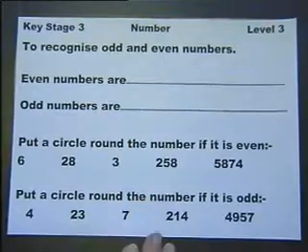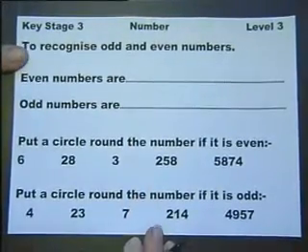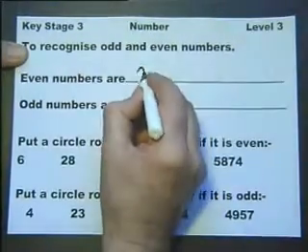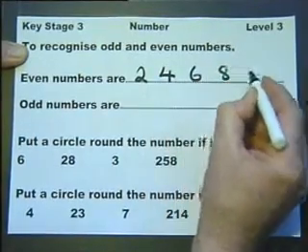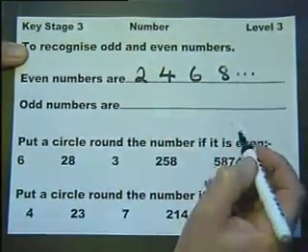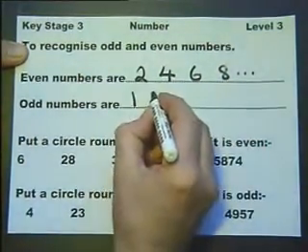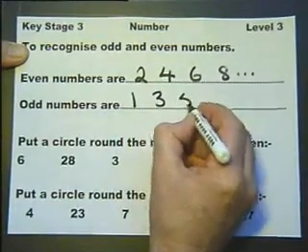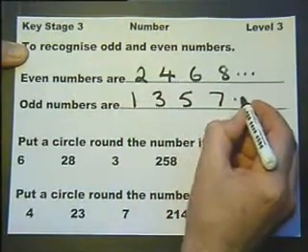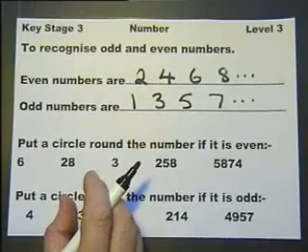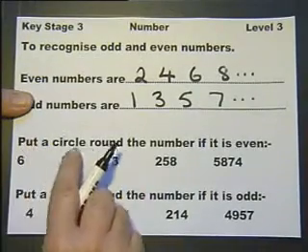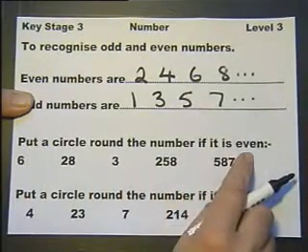You need to be able to recognise odd and even numbers. The even numbers are the 2 times table, so these are even numbers, and so on. The odd numbers are, well, the ones that are missing from the even numbers. So we need to be recognising odd numbers and even numbers. Put a circle around a number if it's even.